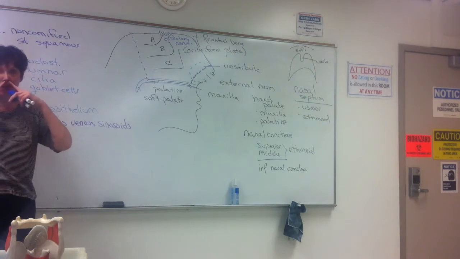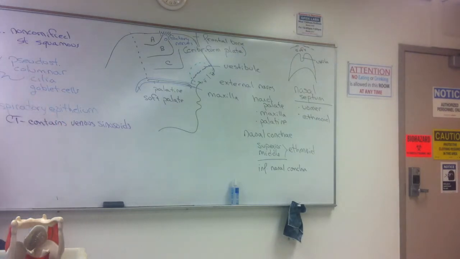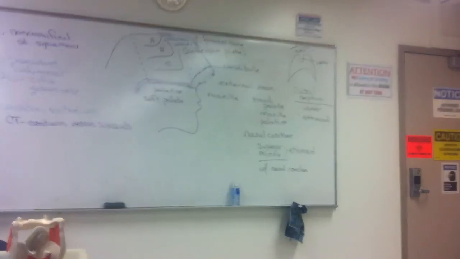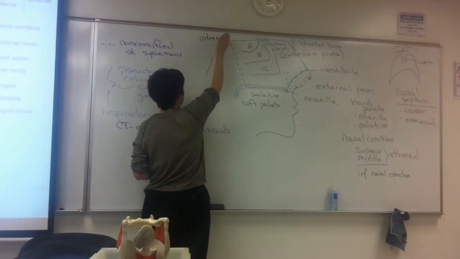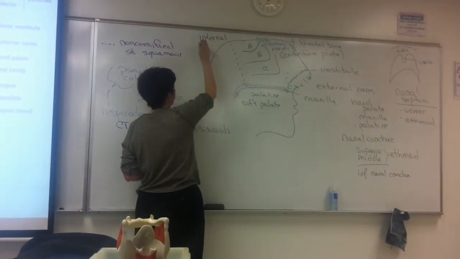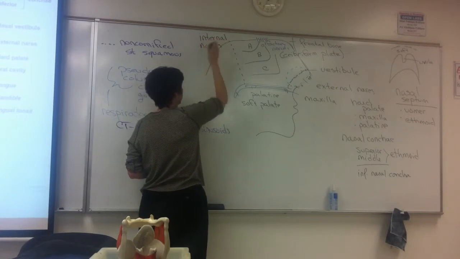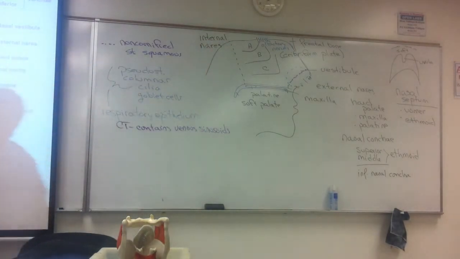So external nares are the openings for the 2 nostrils. And even though you could only see 1 internal nares, there are also 2 of those as well. And I'll show you a diagram in just a moment. So it leaves the nasal cavity, it enters the throat or pharynx via the internal nares.